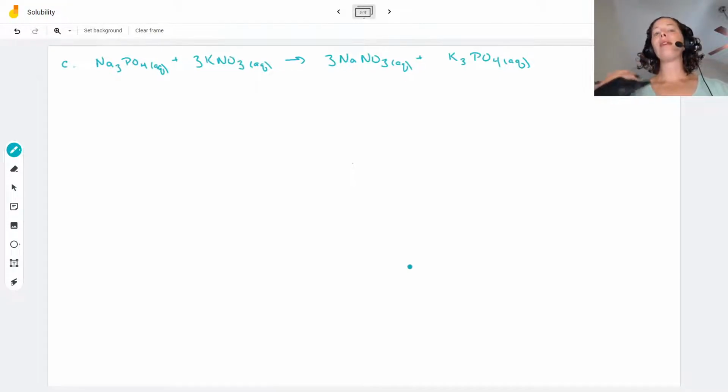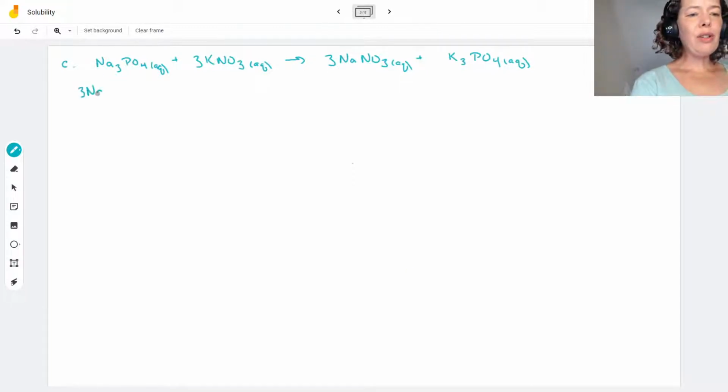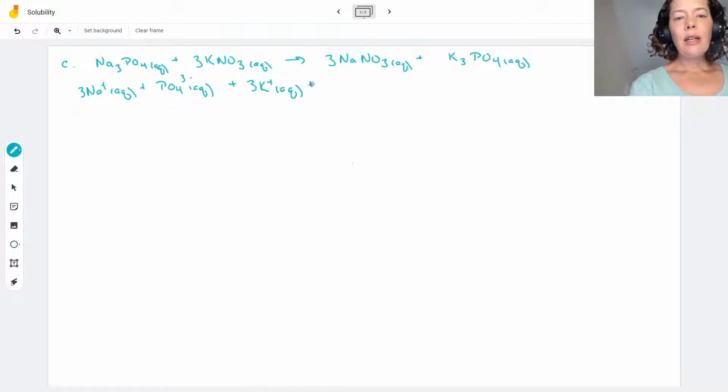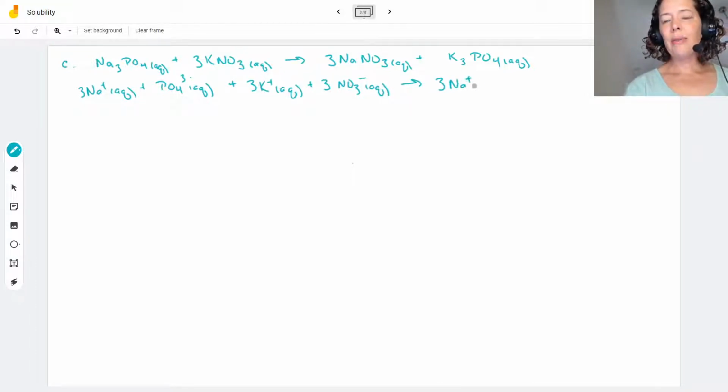Let's turn this into a complete ionic equation. Okay, so I'm going to have 3 sodium cations. They are aqueous, 1 phosphate, but it is also aqueous. Okay, now I'm going to have 3 potassium cations and 3 nitrate anions, also aqueous. Okay, keep going. 3 sodium cations and 3 nitrate anions.